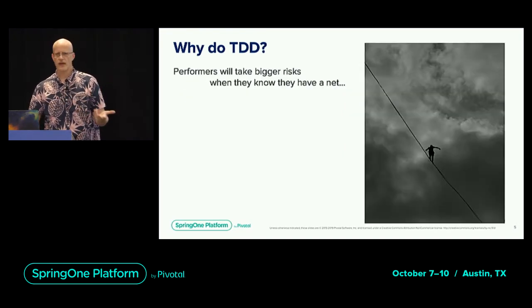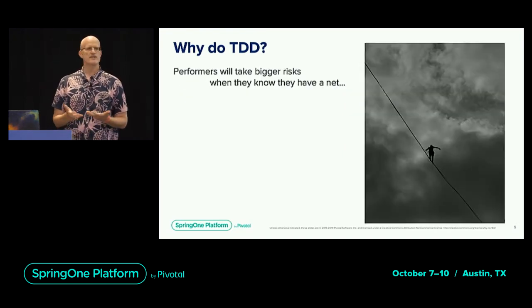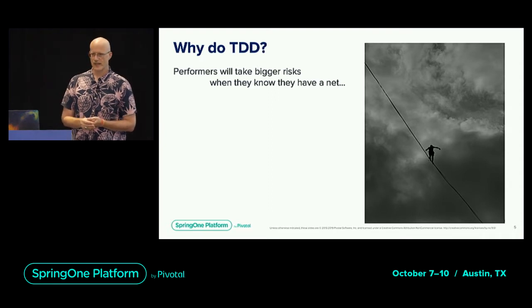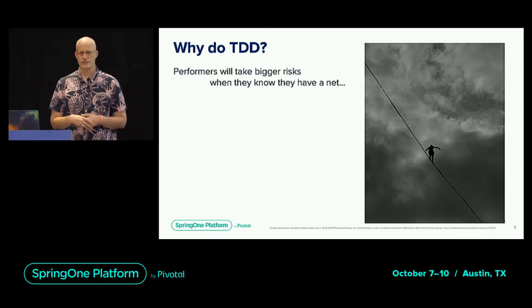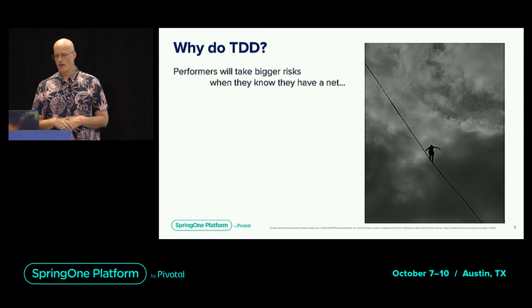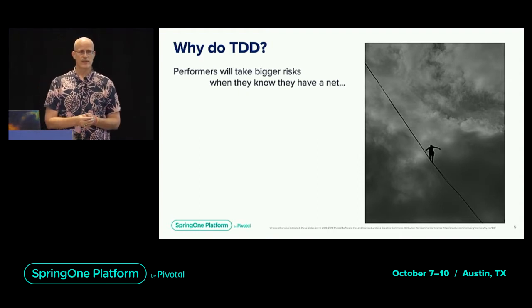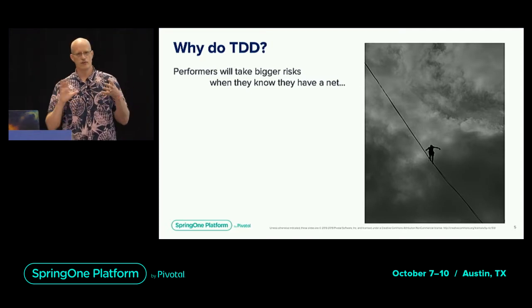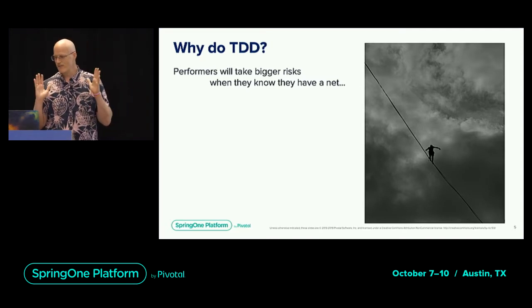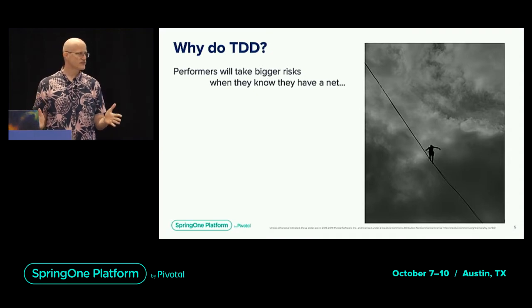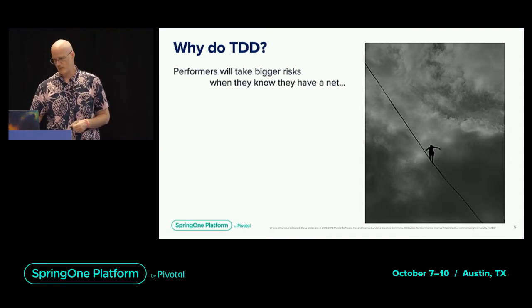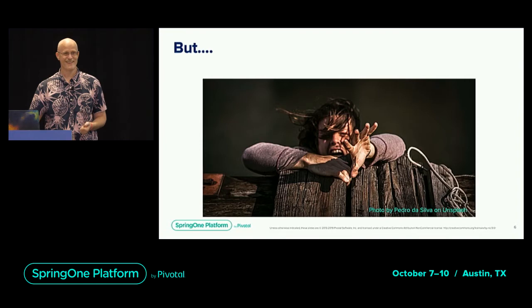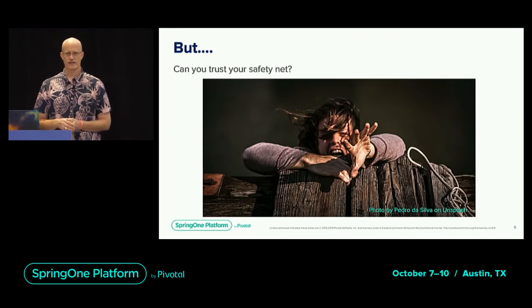So analogously, performers can take bigger risks. They can do grander flips or spins or twirls when they know they have a net. You as developers, you can take on a bigger refactor. You can move your code around. You can mess with the architecture if you trust that your tests are going to save you just in case. But, well, can you trust your safety net?